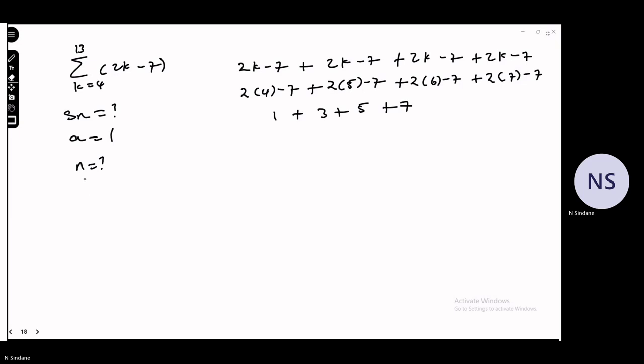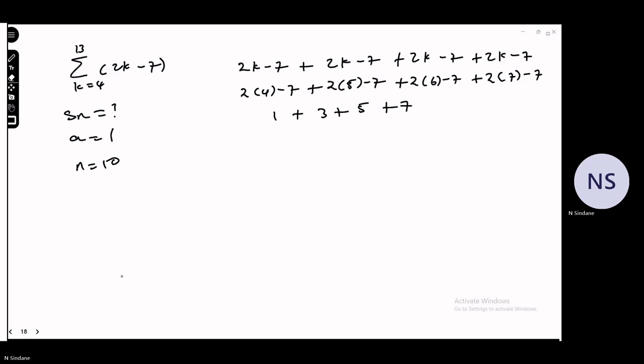We start at 4, we end at 13. You can use your fingers to count: 4, 5, 6, 7, 8, 9, 10, 11, 12, 13. You can see that n is equal to 10. The value of n is 10.